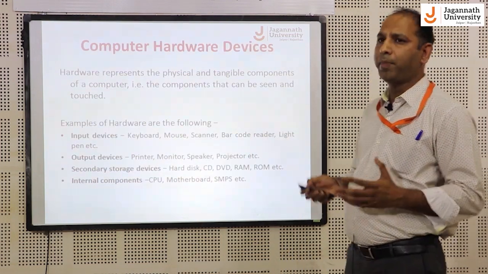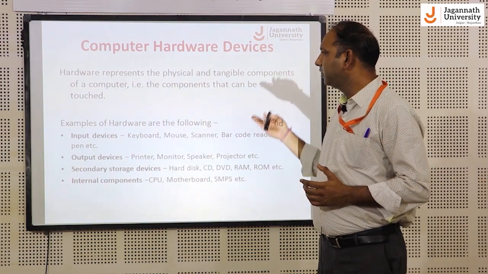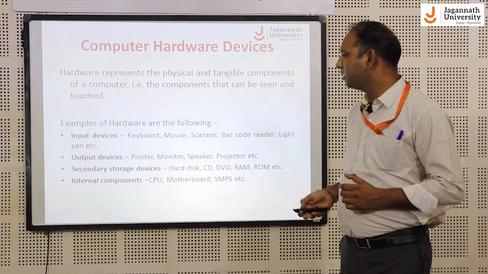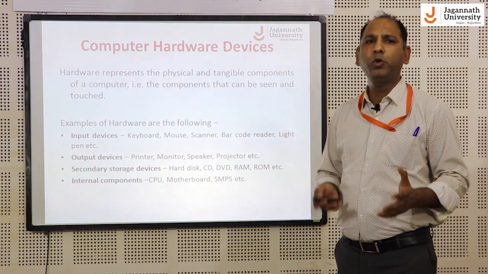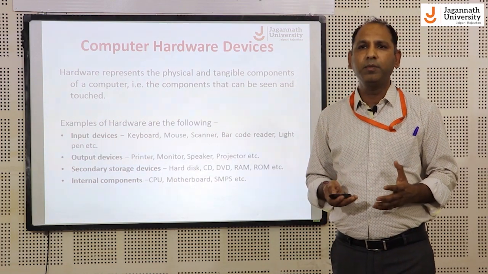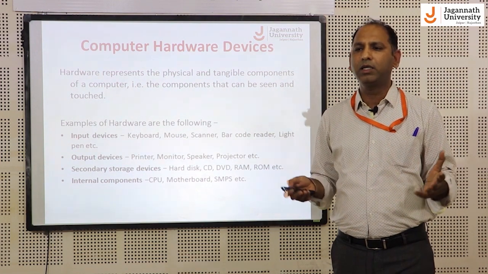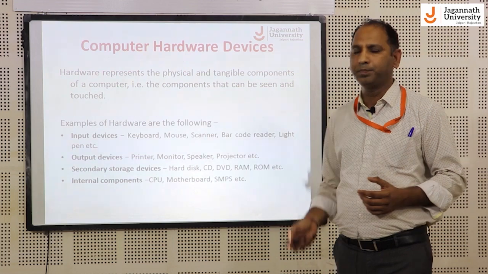Now the second part of this topic is computer hardware devices. There are types of devices used: input devices, output devices, secondary storage devices, and internal components. Input and output devices are very important, because without them we cannot handle the situation or process the data in the computer system.